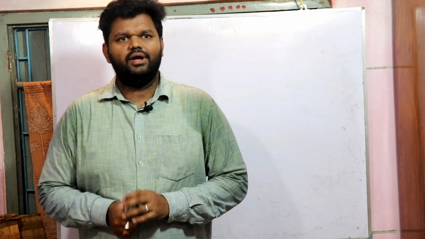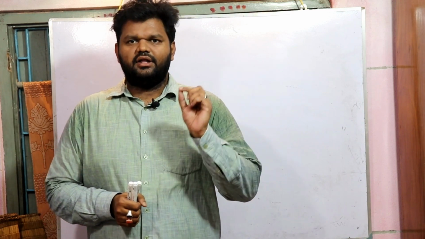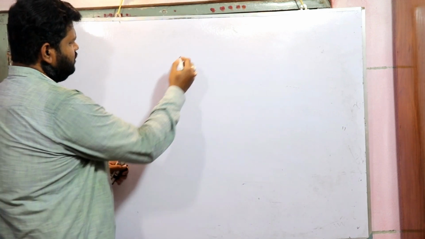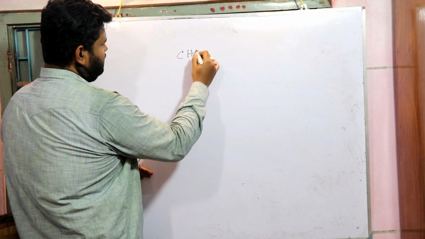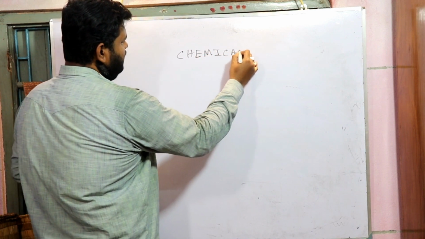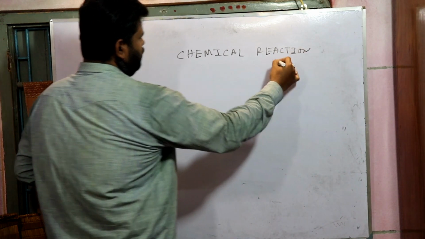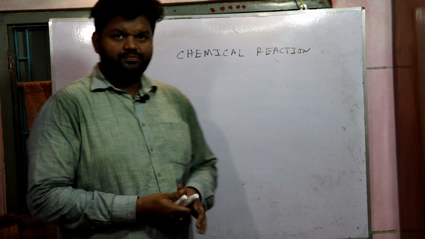So right now we are here to study the new chapter, chapter number 1, chemical reaction and equation of class 10 chemistry. So at the starting, what is a chemical reaction? At first make a note, write it.